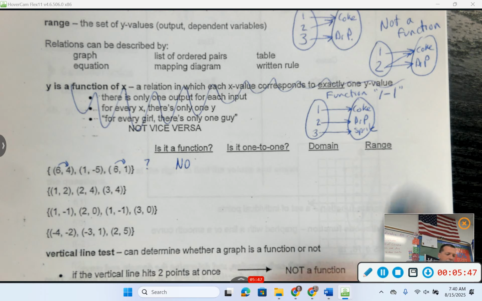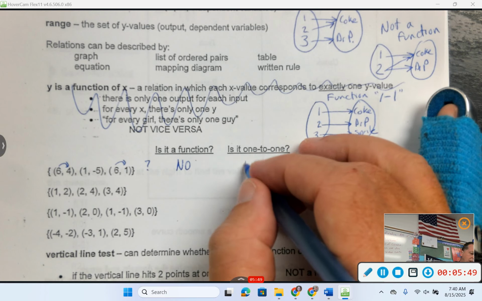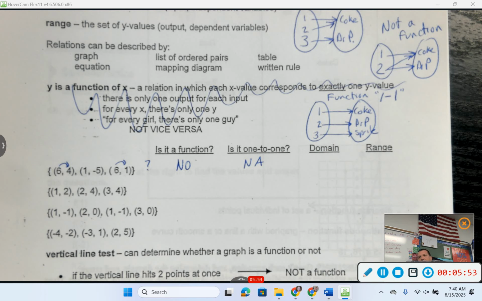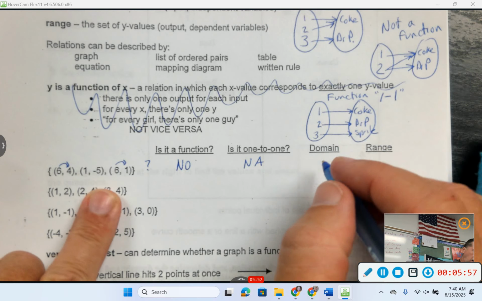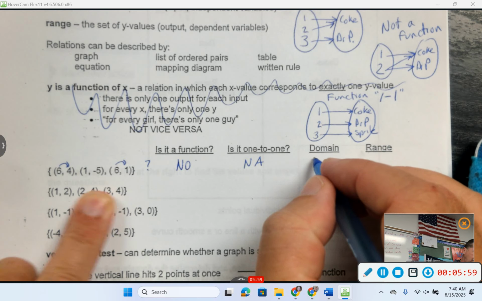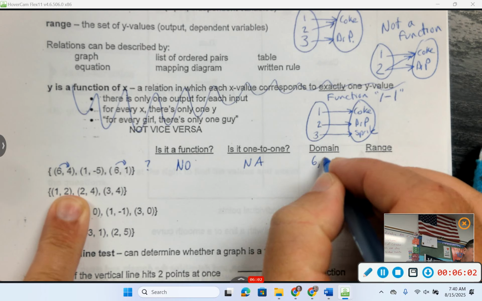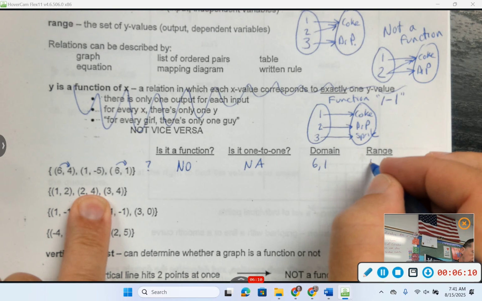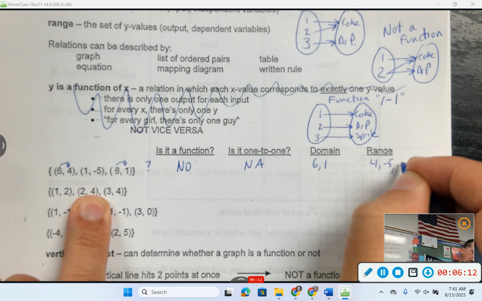Is it one-to-one? That doesn't even matter, because if it's not a function, it can't be one-to-one. So I'm going to say not applicable. It doesn't even matter. The domain is the x's, so that would be 6 and 1. The range is the y's, so that would be 4 and -5 and 1.